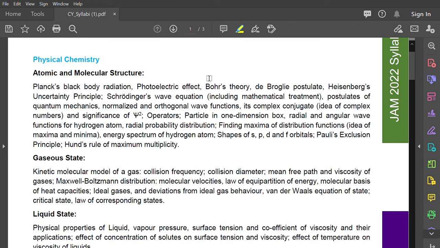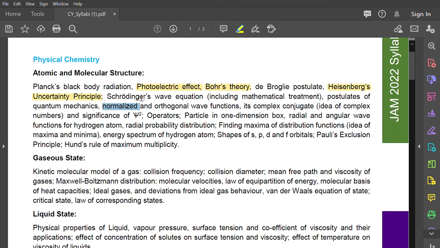If you go by the past 10 to 12 year papers that have been asked in JAM, in the NAT part, there are some questions regarding Bohr's theory, which is obviously calculation relating to energy or ionization potential. There can also be questions regarding the photoelectric effect, and other types of equations for the Heisenberg uncertainty principle.